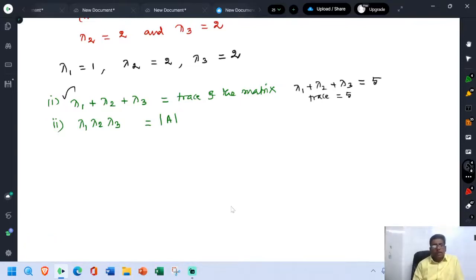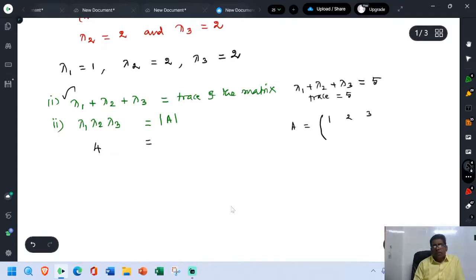So the first condition is satisfied. Now consider the second condition, the product of the eigenvalues. 1 into 2 is 2, 2 into 2 is 4. Then we have to take the modulus of A. A is equal to 1, 2, 3, 0, 2, 3, 0, 0, 2.